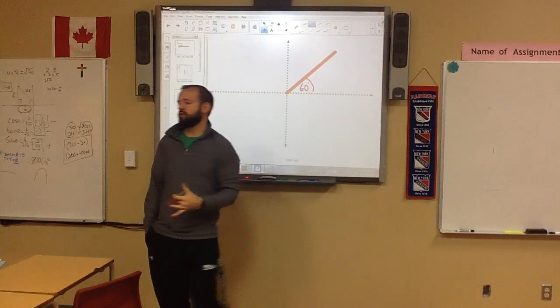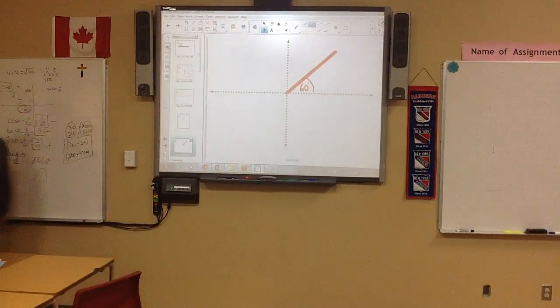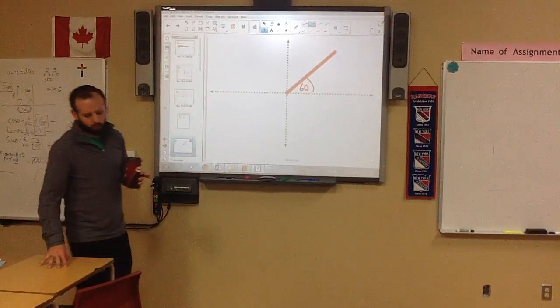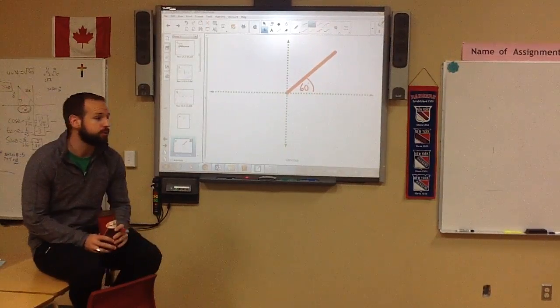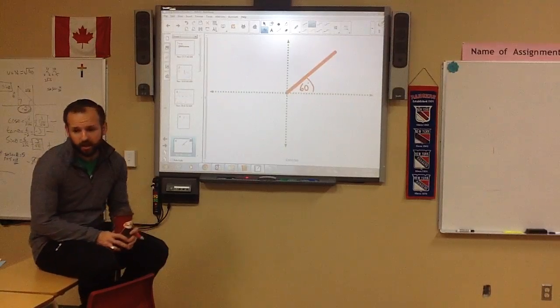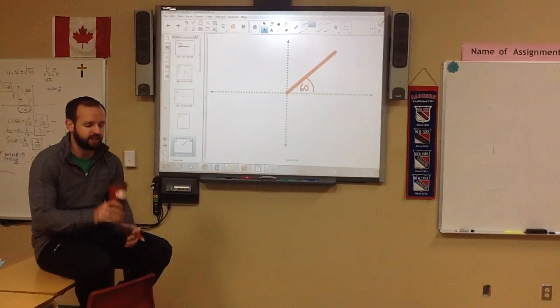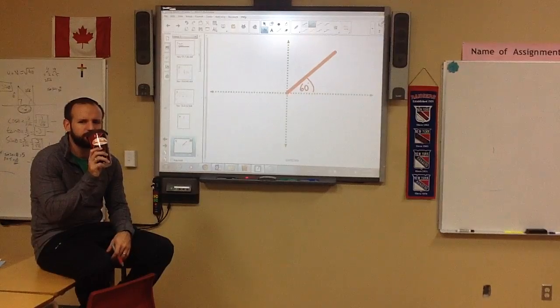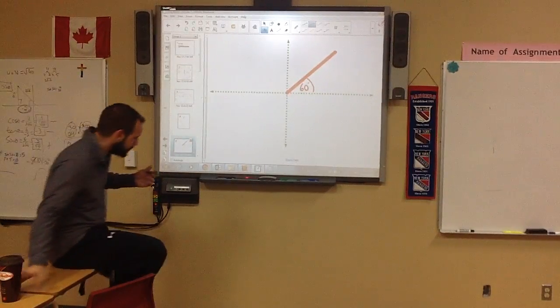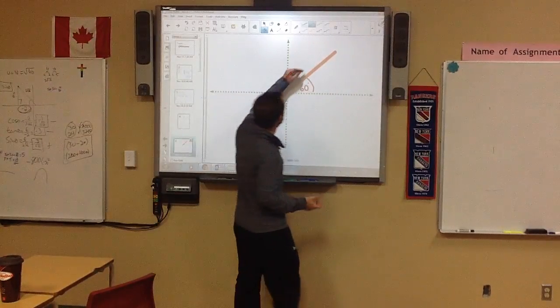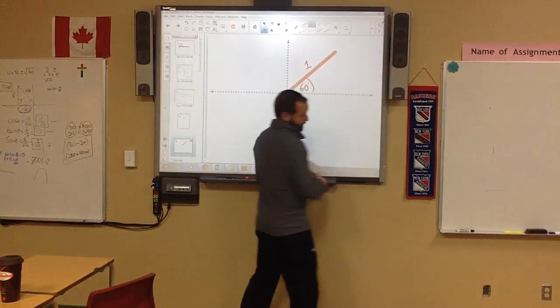We're still using the idea of a unit circle, so what information do I know with regards to the unit circle when I have an angle of 60? Do I know any specific number? The radius, or my terminal arm, is absolutely 1.